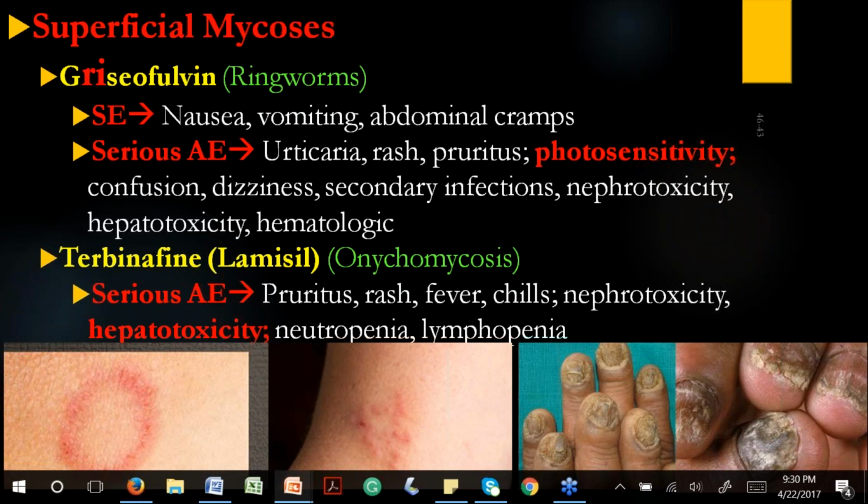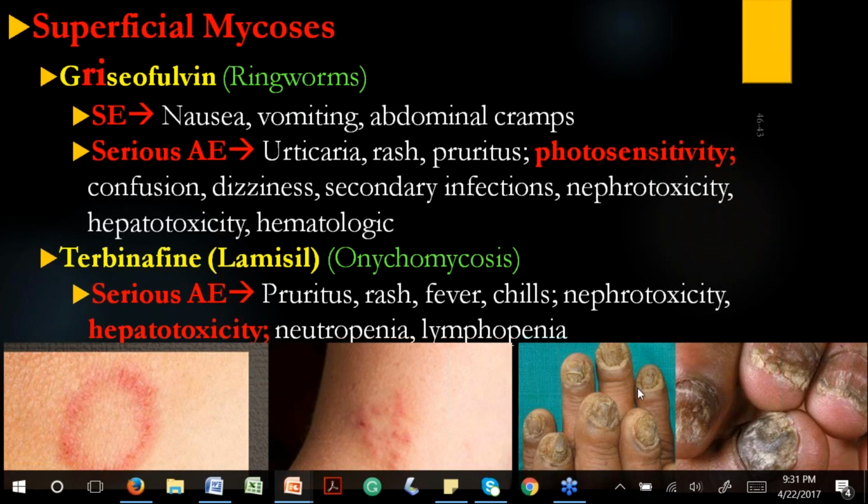For this slide, what you need to remember is ringworms and griseofulvin. And the word onychomycosis: it is caused by dermatophytes, but the process in general is called onychomycosis.